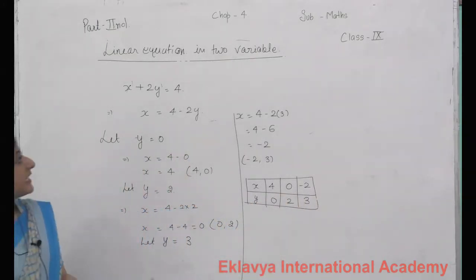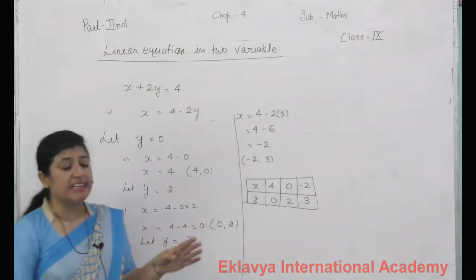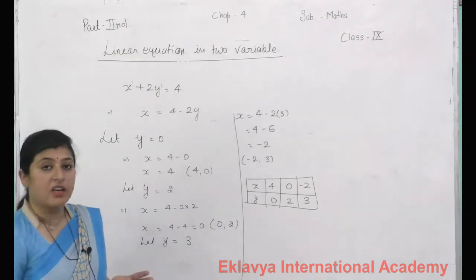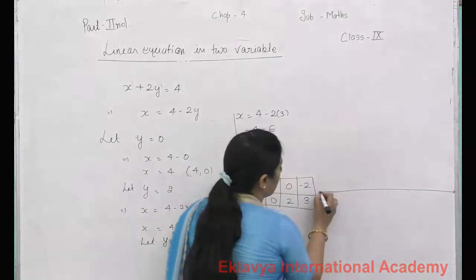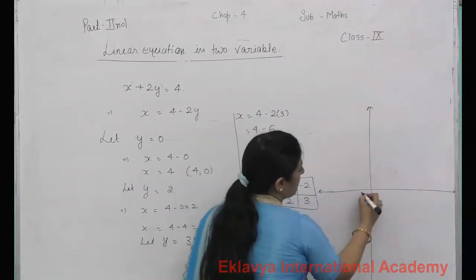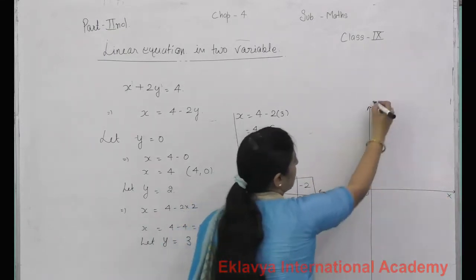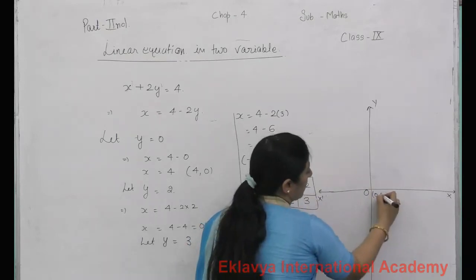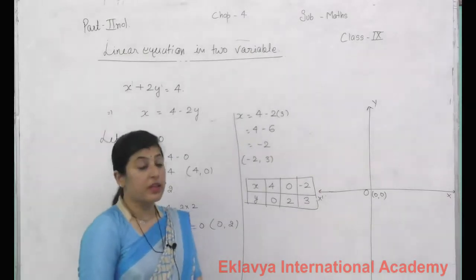How to represent the solutions on the graph paper? It is enough to take only two solutions and then represent them on the graph, or if you want to find more solutions, then also no problem. Now see, x axis, y axis, origin, x, x dash, y, y dash, origin coordinates is (0, 0).